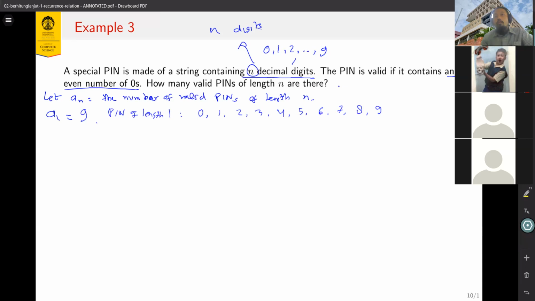From 1 to 9, yes, 1 to 9 is valid. This one, 0, is not valid. Now, what about A2?